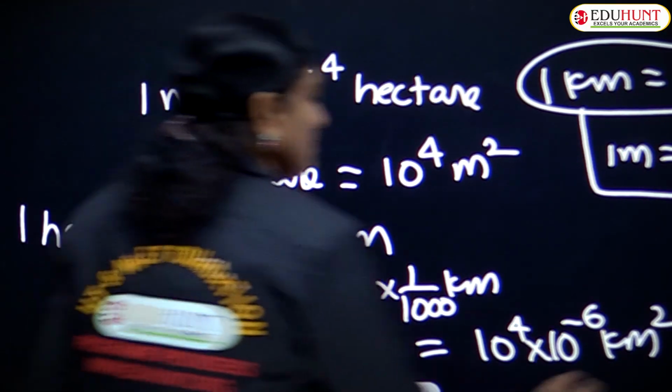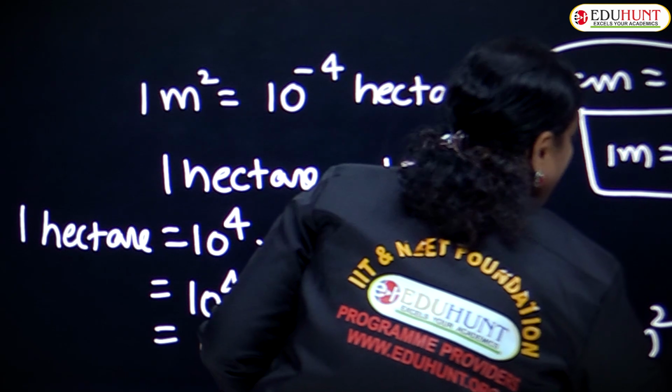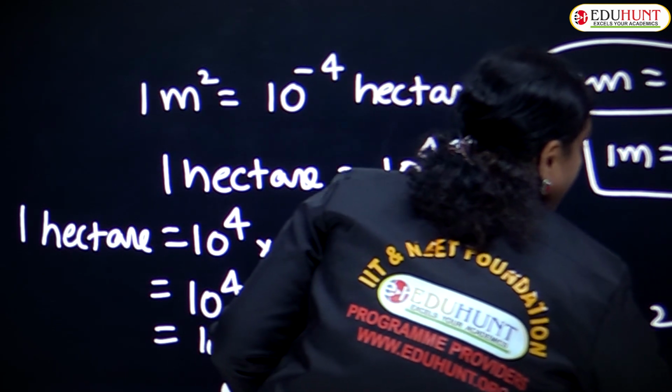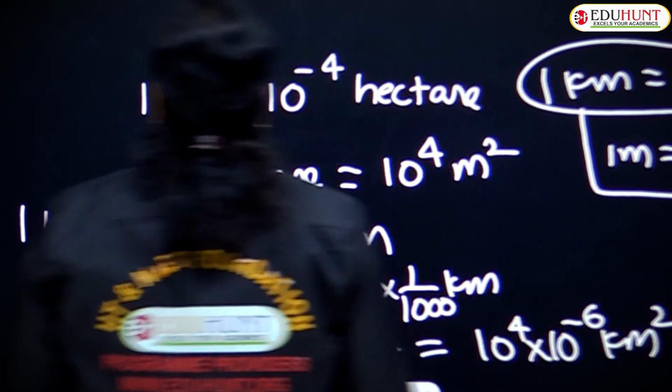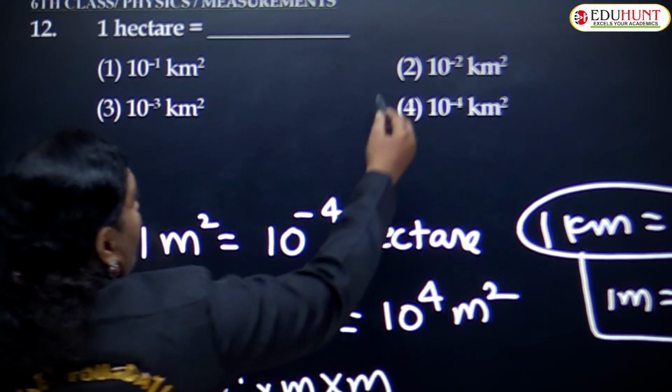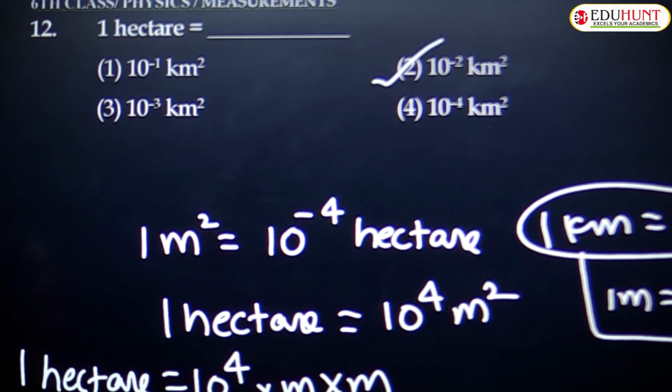Hence your answer would be 10 power minus 2 kilometer square. Let us check where the answer is. So 1 hectare is 10 power minus 2 kilometer square.